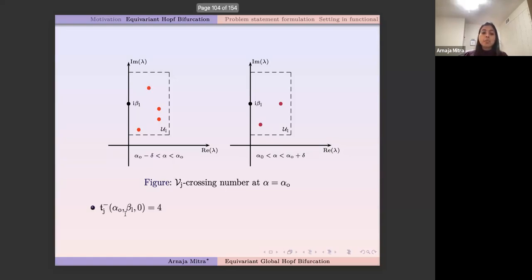In that case, Tj minus is 4. Now, when alpha crosses alpha naught and passes to the right-hand side, say it changes and you get only 2 eigenvalues, then Tj plus will be 2. So your crossing number is 4 minus 2, which equals 2. We will not focus on the numerical value of Tj. We will just need the sign of Tj, the crossing number. I hope the crossing number is clear to you now.